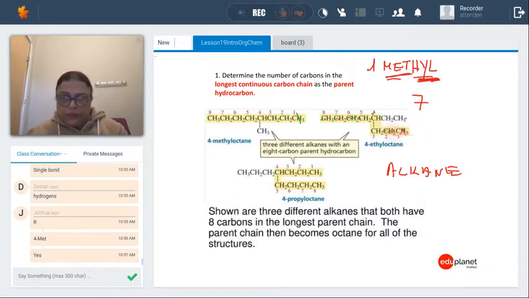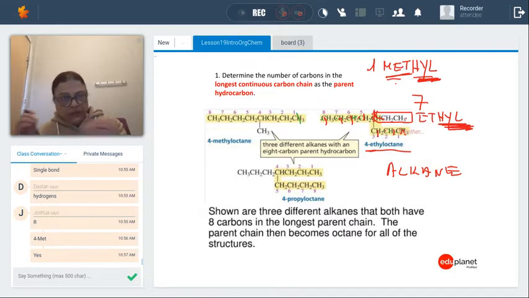And I count 1, 2, 3, 4, 5, 6, 7, 8. Meaning that at carbon 4, I have a branching of 2 carbons. Okay, and 2 carbons means eth, add yl to it, ethyl. So every branching ends up with the yl, so the branching here will be ethyl. So this molecule will be 4-ethyl octane.